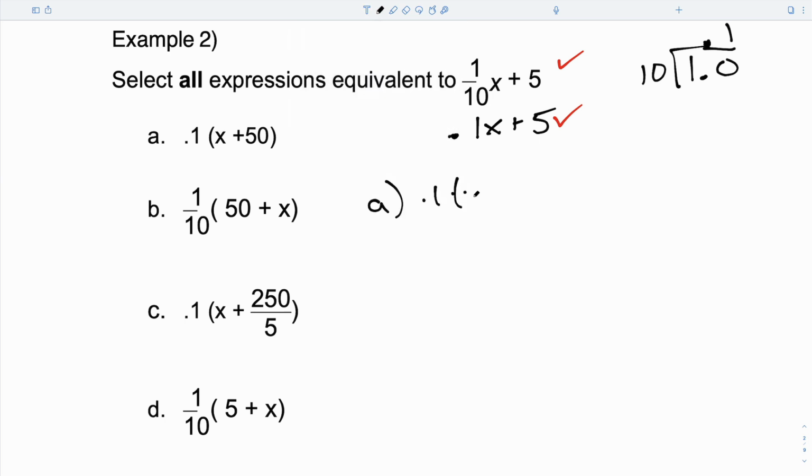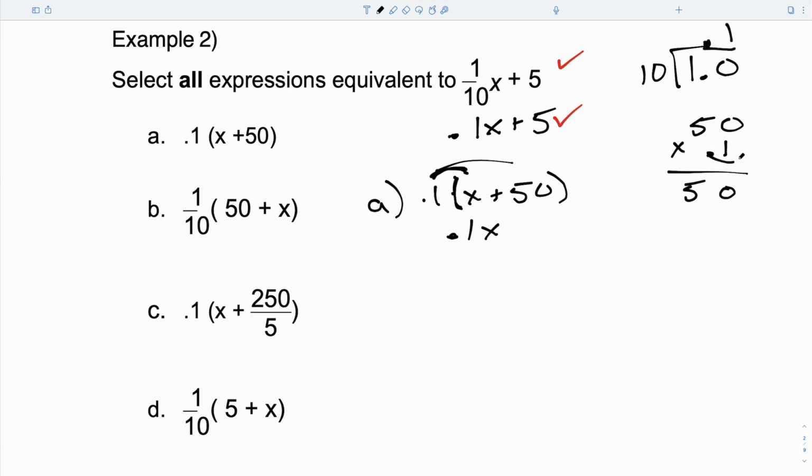0.1 and x plus 50. Maddie, what do I do with the 0.1? We don't add it this time. We multiply it. 0.1 times x is 0.1x. 0.1 times 50. 1 times 0 is 0. 1 times 5 is 5.